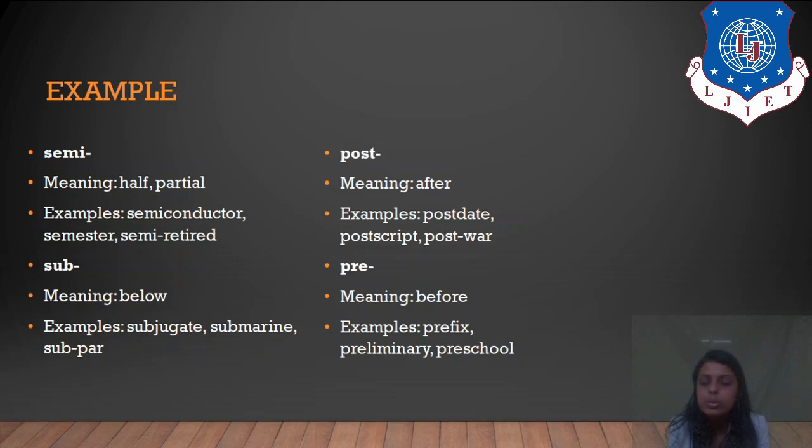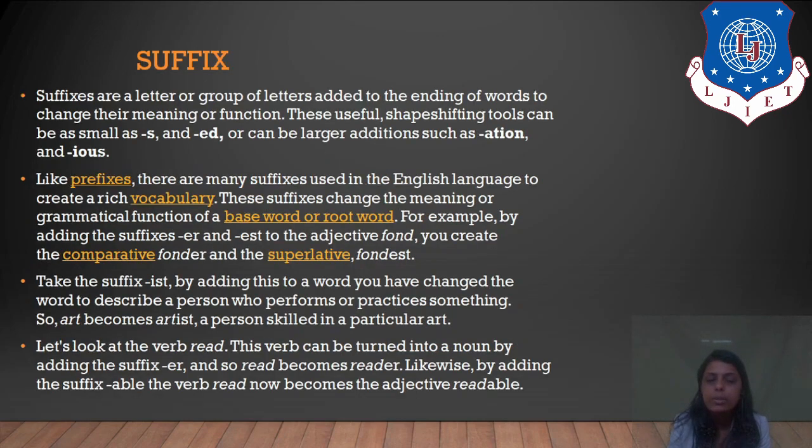So before the school starts, whatever you do with your children when you take admission in preschool, you learn something before school. Preliminary, before the exam is taken. So that's how you can identify what new words mean.